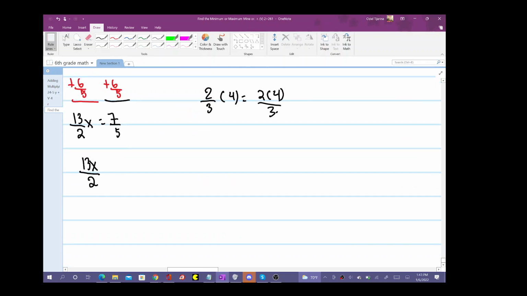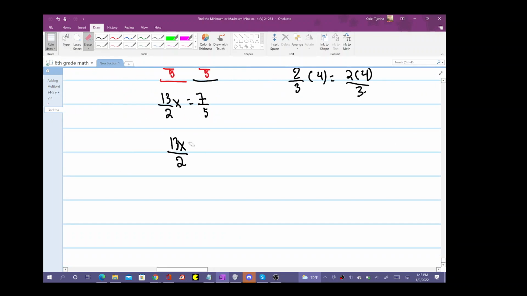Really this is 13 over 2 times x over 1 equals 7 over 5, so 13x over 2 equals 7 over 5. I wanted to clarify that really quickly because for those of you who don't know much algebra, I want to make sure I'm very clear on what I'm doing.